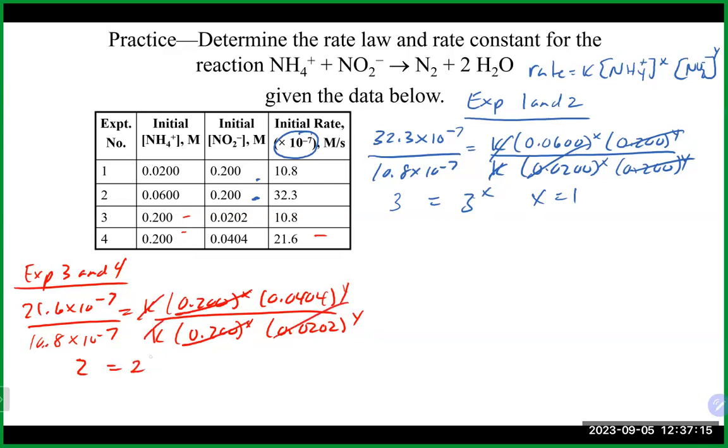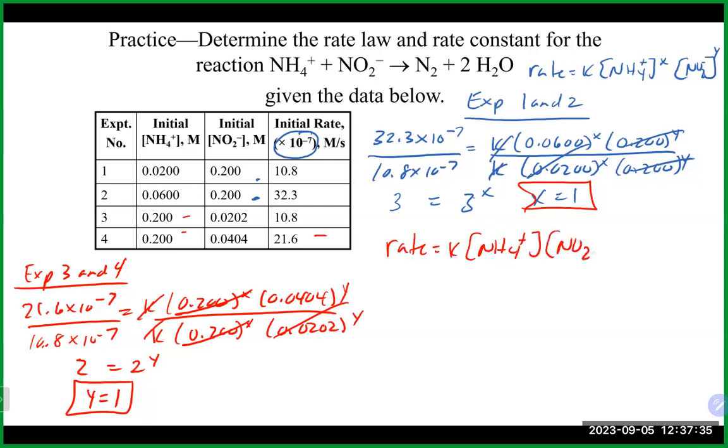And it looks like we should get a 2 to the Y in this case. Y will equal 1. So now that we used our table here to figure out our orders, we can see that the rate is equal to K times NH4 plus and NO2 minus.